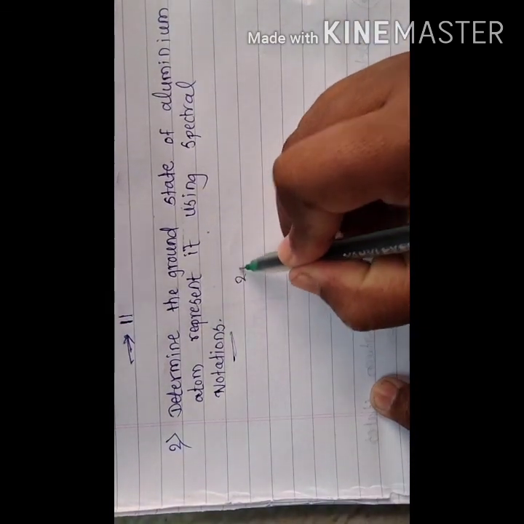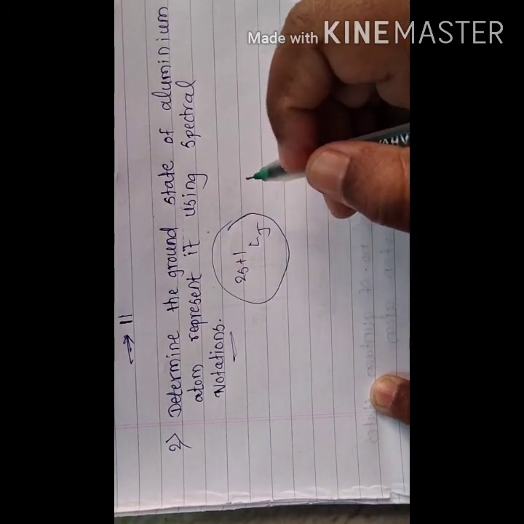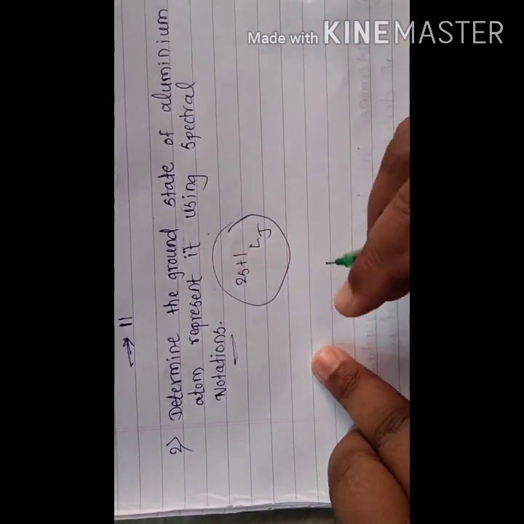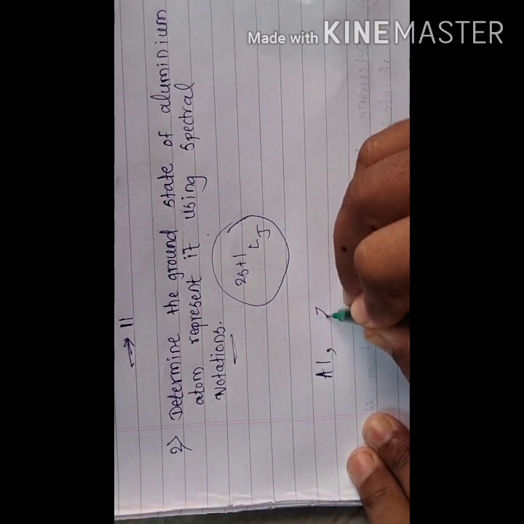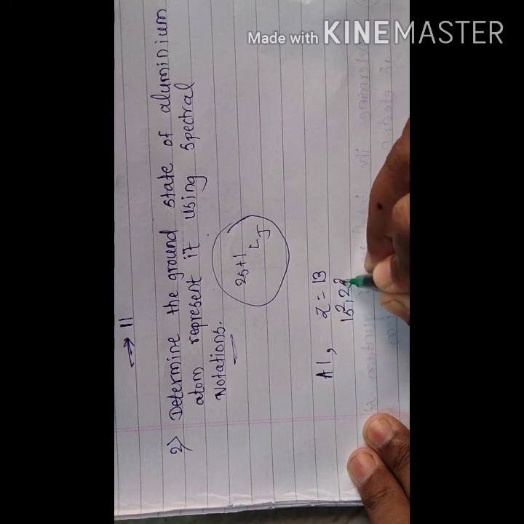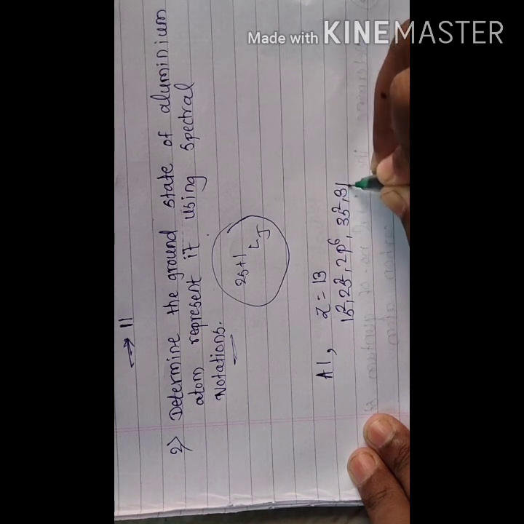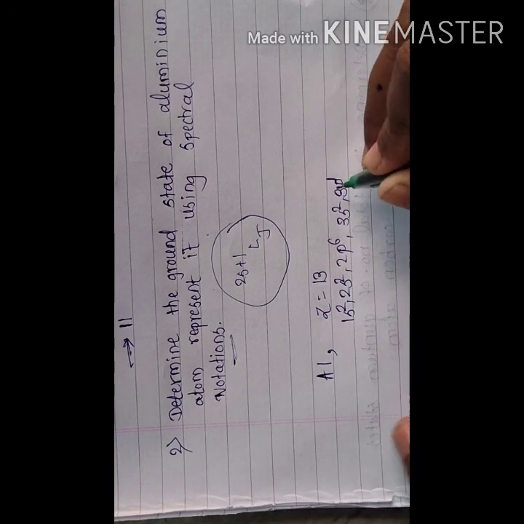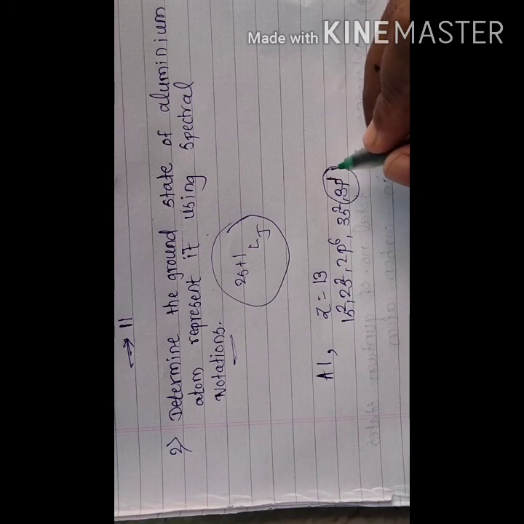We know the spectral notation is 2S+1 L J. Aluminum has atomic number 13, so the electronic configuration is 1s2, 2s2, 2p6, 3s2 and 3p1. This 3p1 level decides the ground state of the atom. In this level there is only one electron, and this electron decides the ground state.